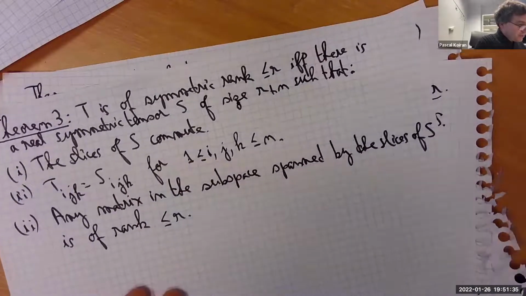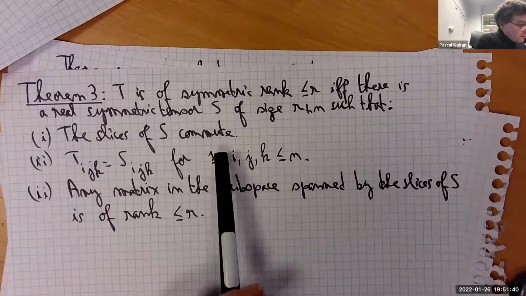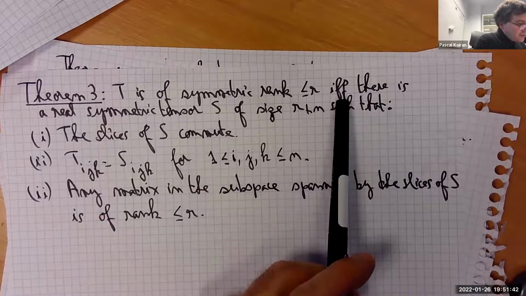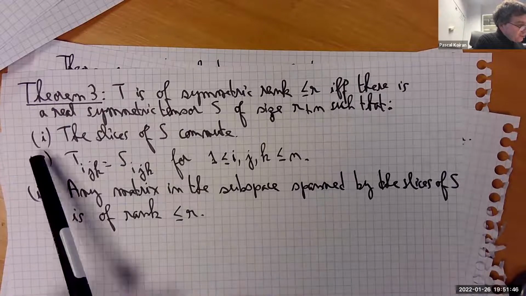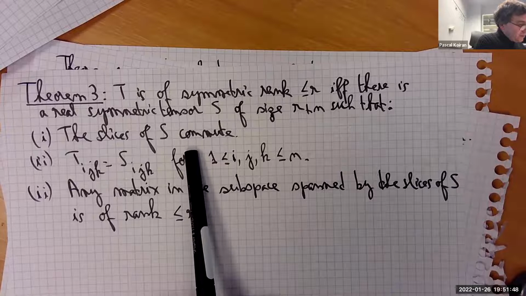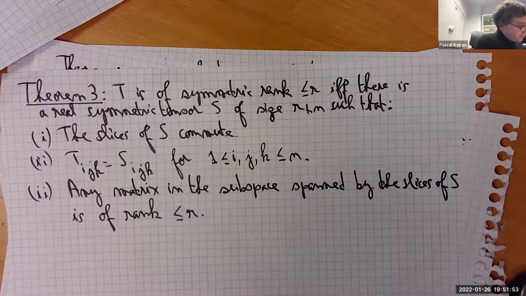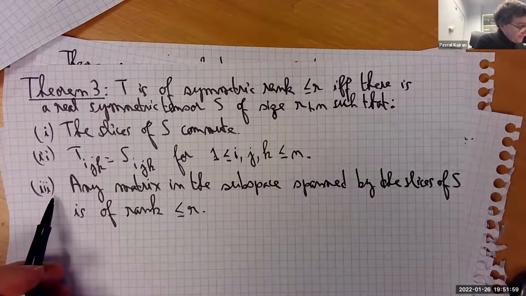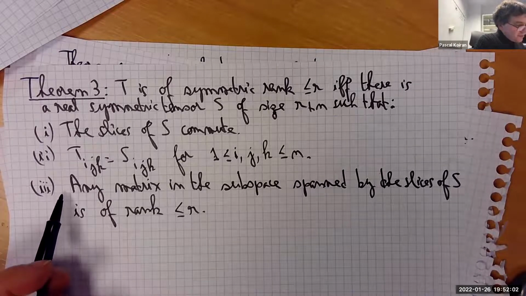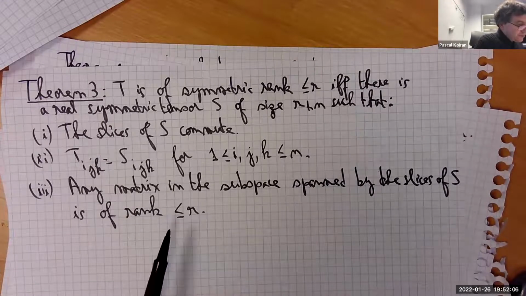So let me just put it here. You see it's an if and only if now, and you have the same two conditions. So you must find an extension of S with commuting slices. But now to get an exact characterization, there is a third property, namely any matrix in the subspace spanned by the slices of S should be of rank at most R.